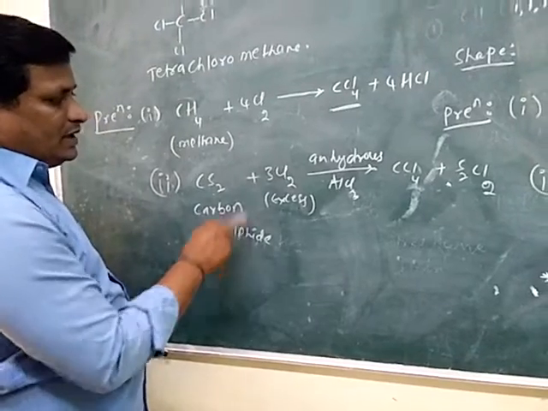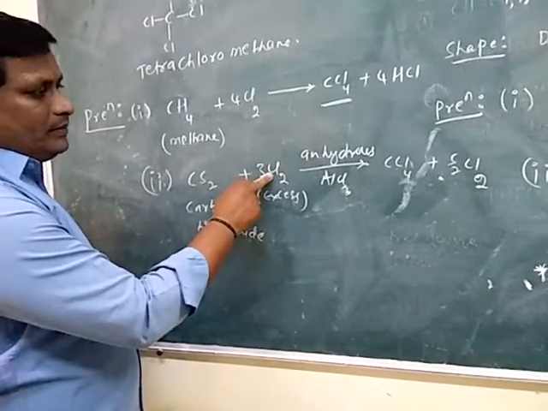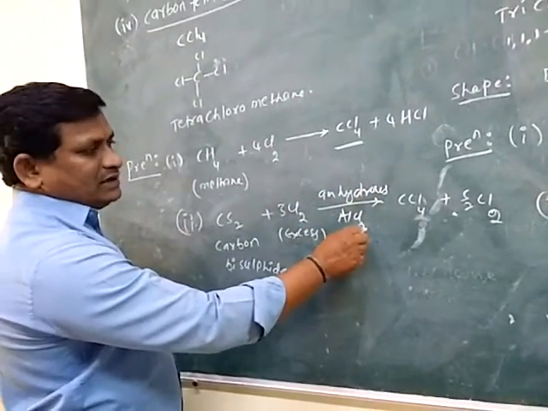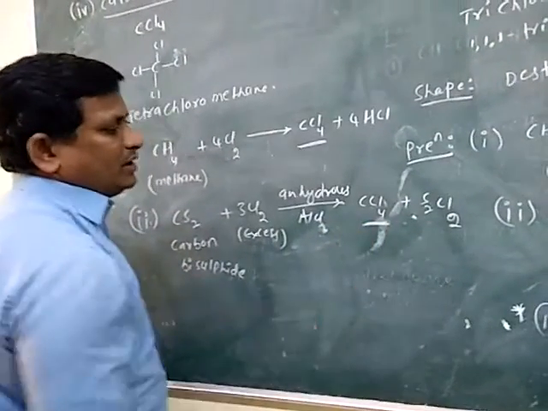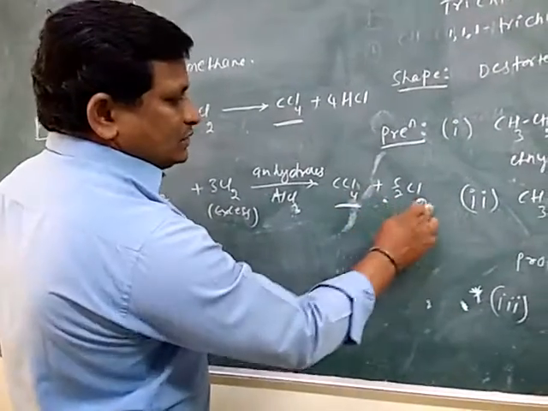Carbon bisulfide is treated with excess chlorine in the presence of anhydrous AlCl3. It gives CCl4. Of the 6 chlorines, 4 go to carbon, and the remaining 2 sulfurs combine with 2 chlorines to give S2Cl2. So carbon bisulfide treated with excess chlorine in the presence of anhydrous AlCl3 gives carbon tetrachloride and S2Cl2.